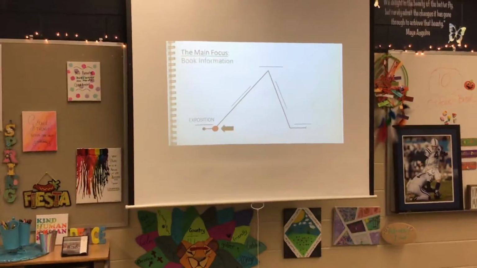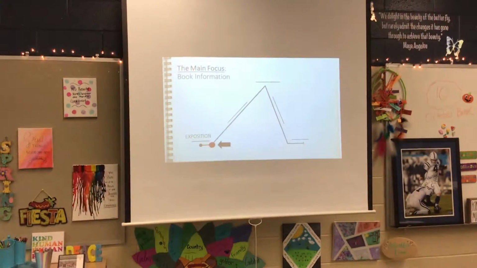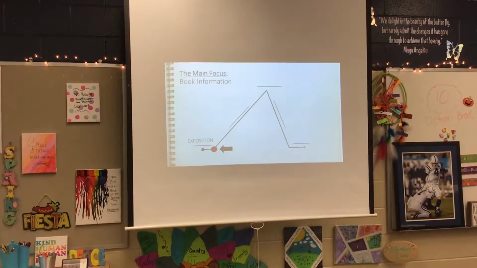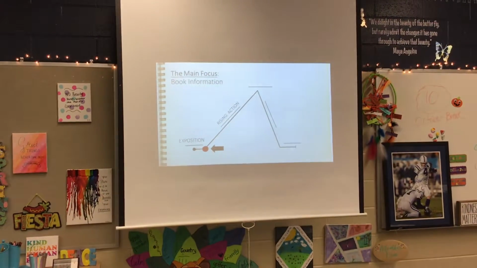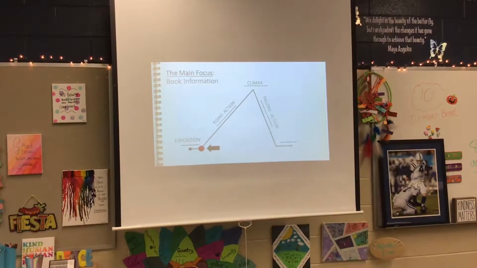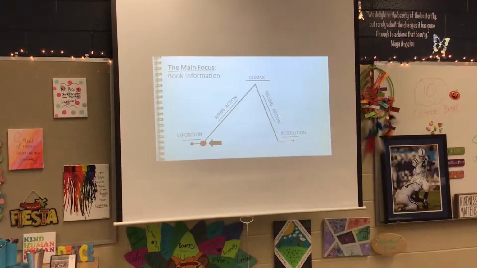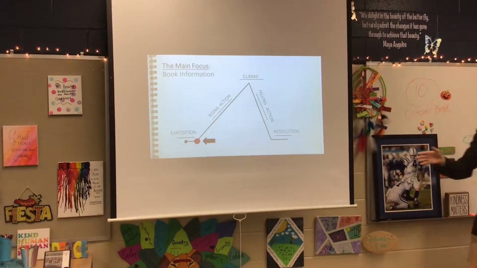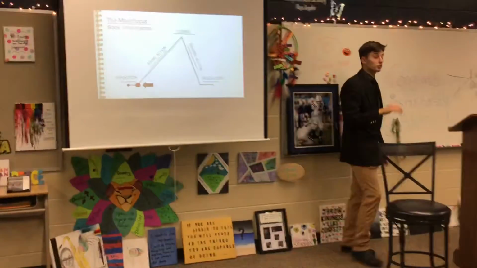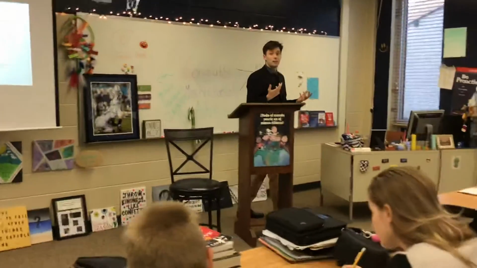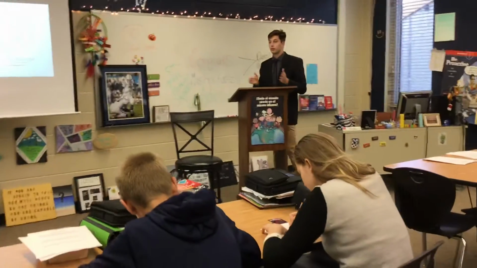So exposition, we're going to focus on this little dot coming up soon. We'll discuss if we haven't already known what that is. And the rising action, the climax, the falling action, and the resolution. Okay, so if you guys like to copy that, I'll wait a little bit so you guys can copy all that information down. Again, it's probably already common knowledge, but it's always good to follow along.